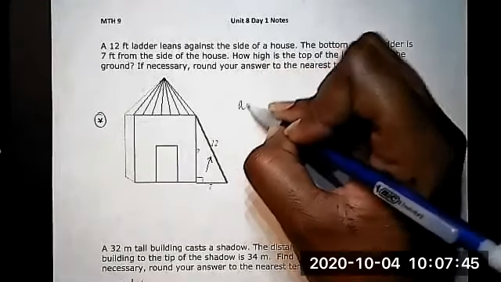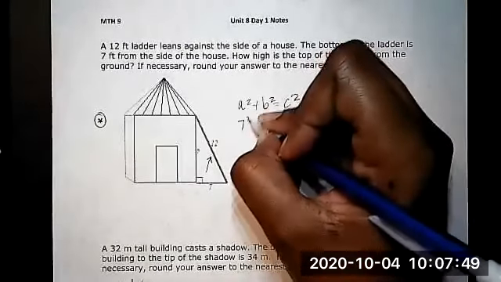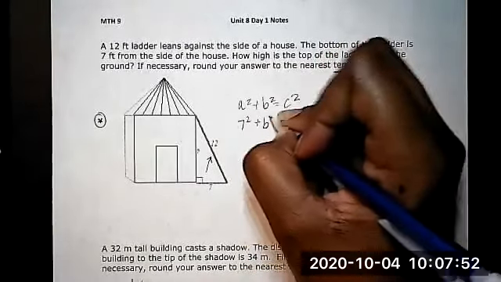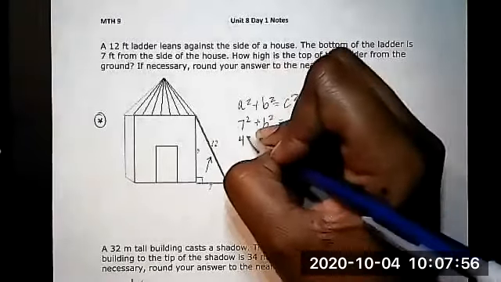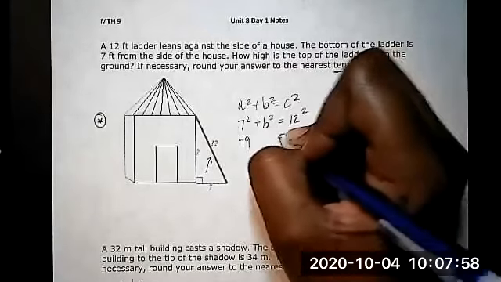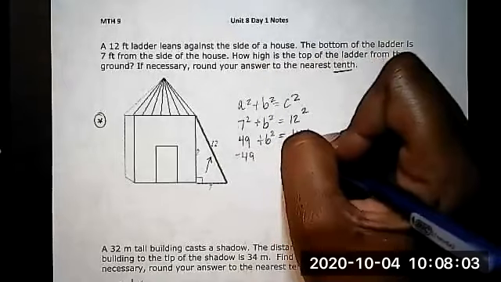So a squared plus b squared equals c squared. We can say a squared is 7 squared, plus b squared, which we don't know, equals the hypotenuse, 12 squared. 7 squared is 49, 12 squared is 144. Subtract 49 from both sides.